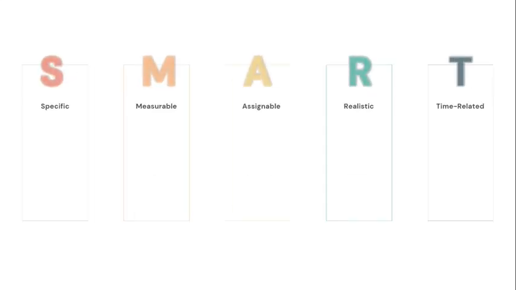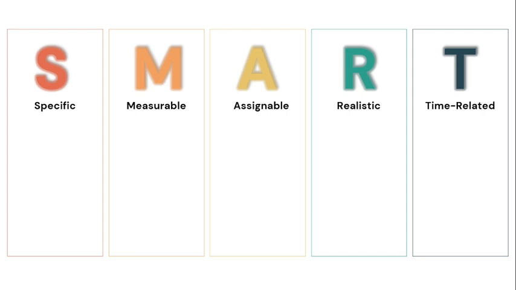So let's have an example. Again, S for specific, M for measurable, A for assignable, R for realistic, T for time related. For you to be motivated to perform, you need to have a specific goal. So a goal like "increase my grade" is too vague.